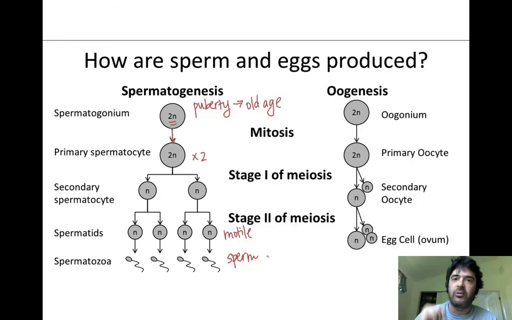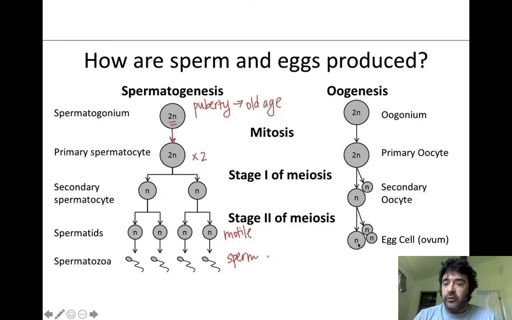And this is occurring all the time, all day, every day. We just have spermatogenesis taking place, producing large amounts of sperm. That dramatically increases the reproductive capabilities of males because they produce so many gametes. Females, on the other hand, oogenesis takes place a little bit differently.